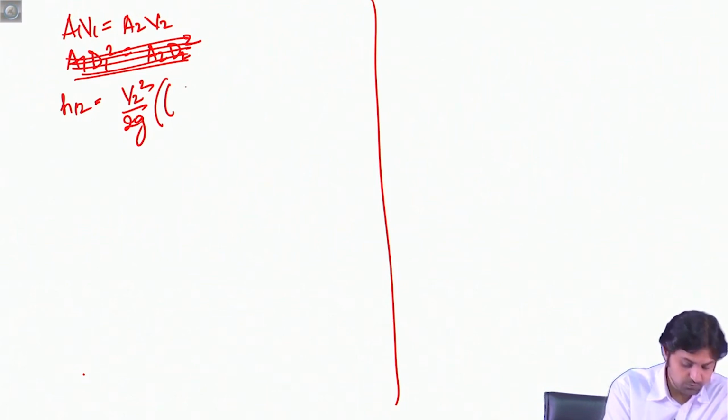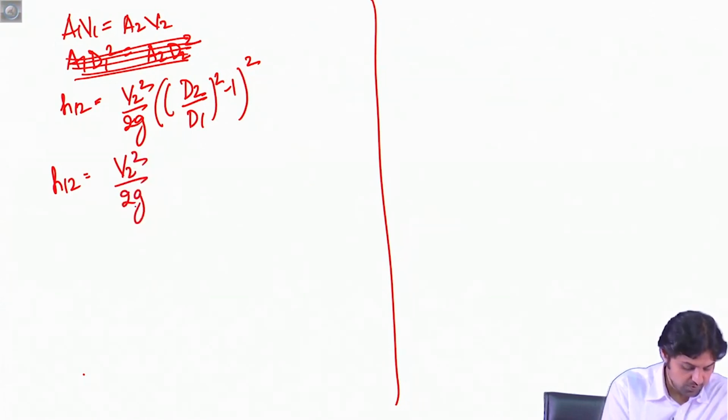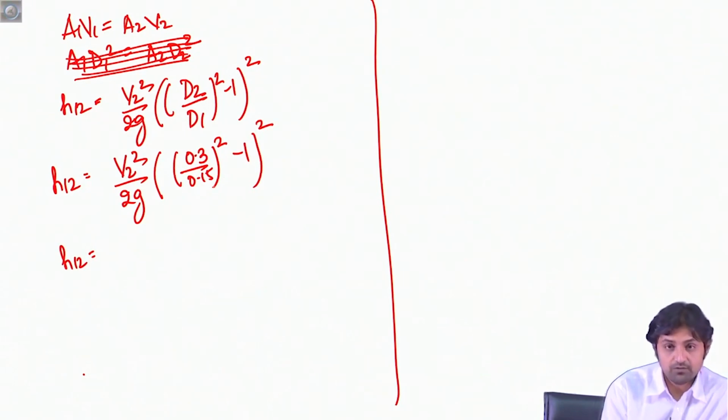So V2 square by 2g into (D2 by D1 whole square minus 1) whole square. D2 by D1 we all know is 2, so 0.3 divided by 0.15 is 2, 2 square is 4, 4 minus 1 is 3, 3 square is 9, so H12 will be 9 into V2 square by 2g.